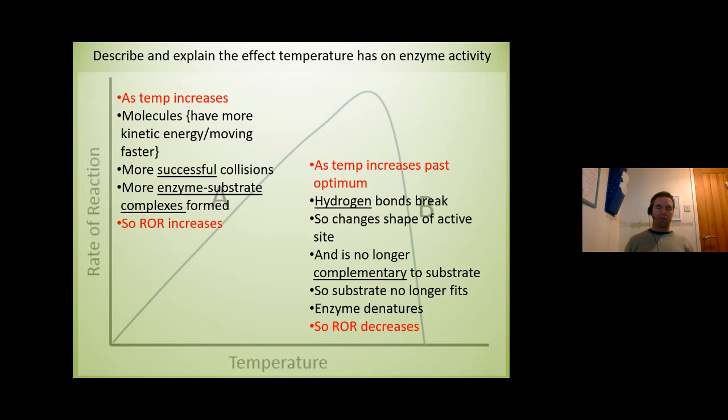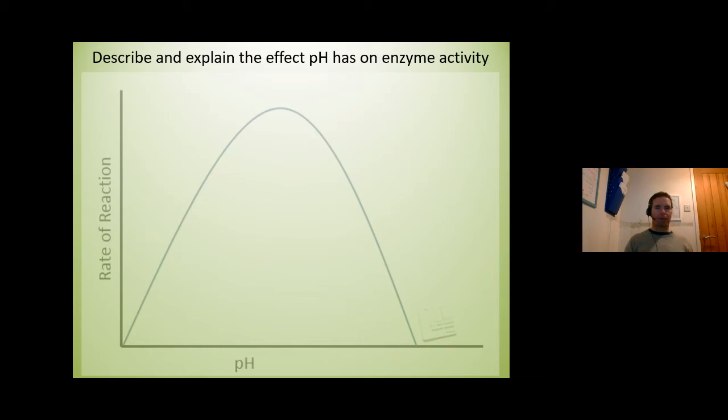Now, this graph and this knowledge is very, very common. I would say they both are common: how an increase in temperature increases rate of reaction, and then the details of denaturing. Detail is needed. When it comes to pH, it's far less common.